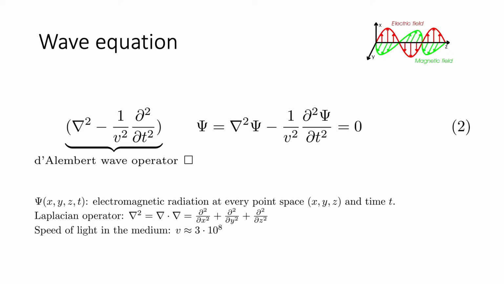In free space, the wave equation constrains the propagation of psi in space and time according to equation 2, where the Laplacian operator is defined over the spatial dimensions, and the speed of light in the medium is usually defined as 3 times 10 to the 8th meters per second.